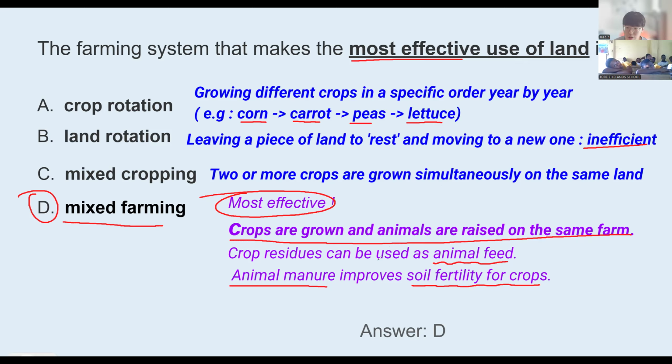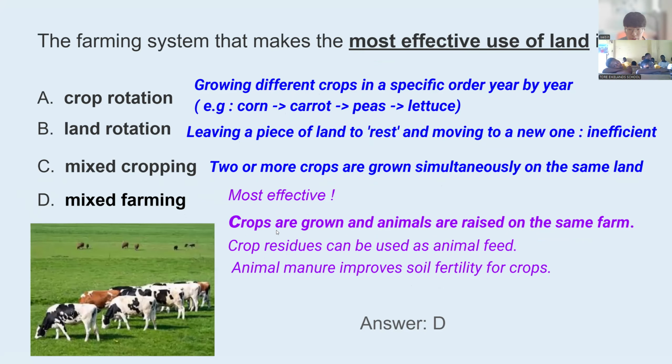Animals and crops help each other, and because they're together, they are the most effective. That's why the answer is D, mixed farming.